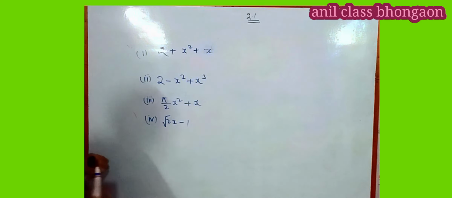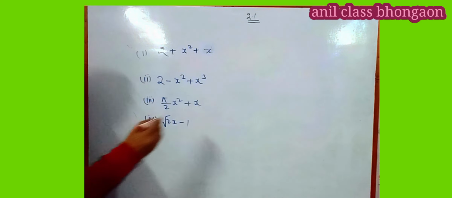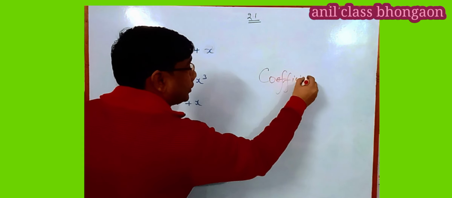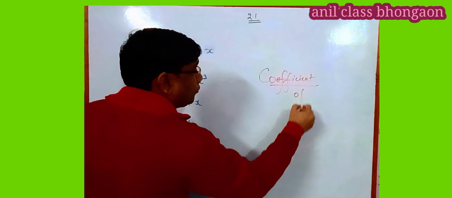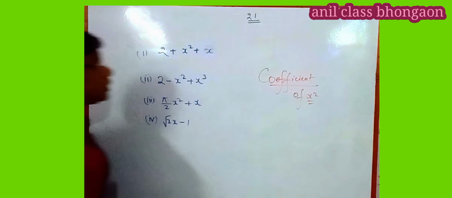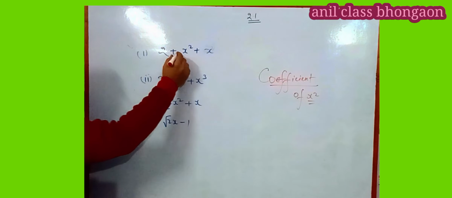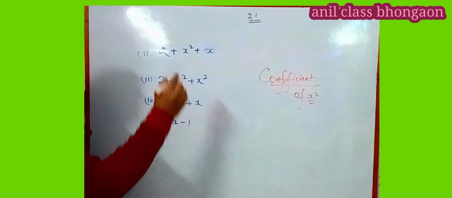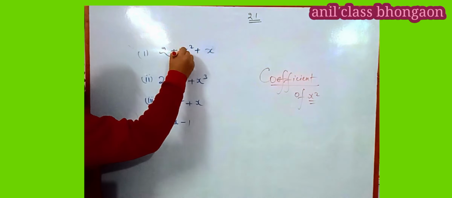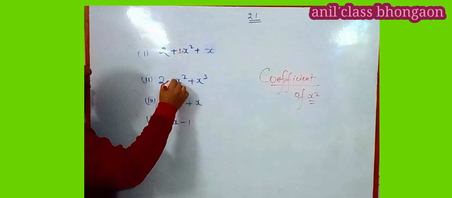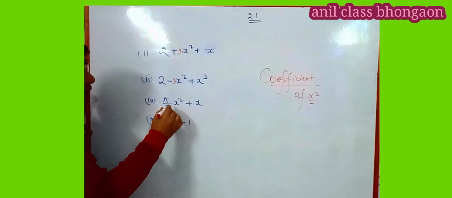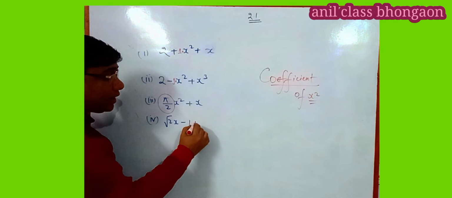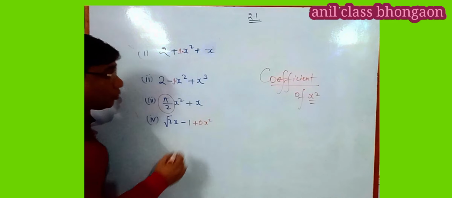Now, in this question, you identify the coefficient of x square, my friend. For the coefficient of x square, where no multiplier is seen, it is multiplied by 1. Here it is multiplied by minus 1, and here it is multiplied by pi by 2, and here it is not multiplied, so suppose 0.